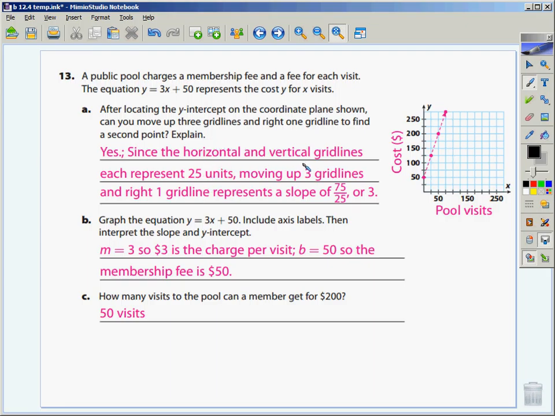So long as the vertical axis and the horizontal axis are gridded the same way, you can. You'll notice that there's 2 units to get to 50, 2 units to get to 50. But if the units are not the same, you could not just count that way. You'd have to make sure that you were using the same amount of units. You can't just count grid spaces.